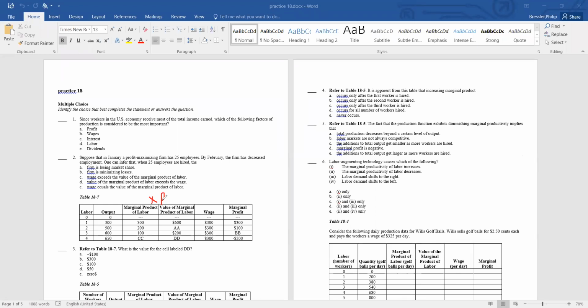What is the value for the cell DD? Oh, that's one I didn't figure out yet. Well, we figured out that the marginal product of labor is 50. 650 minus 600 is 50. We figured out the price is $2. So therefore, DD is going to be 100. Okay. So the answer there would be C, as in Caroline, 100.